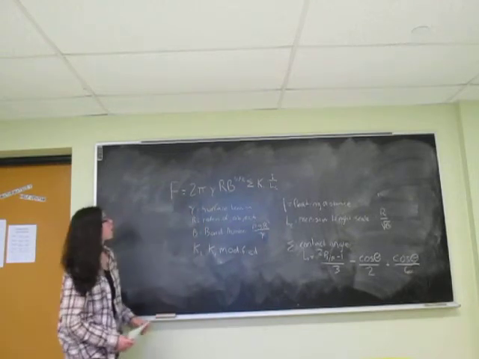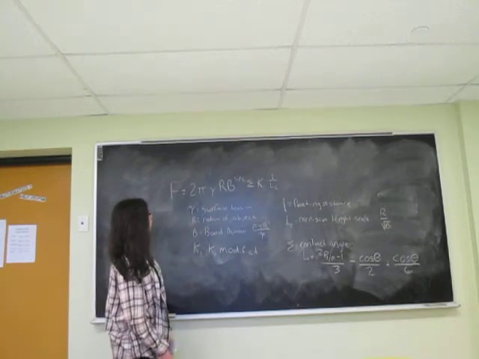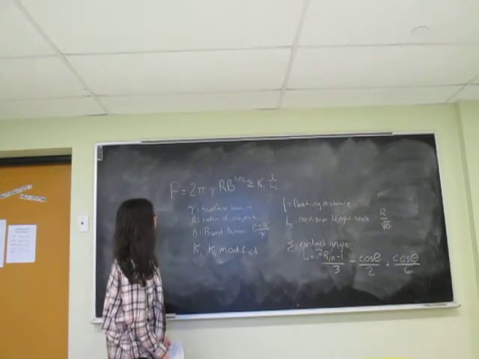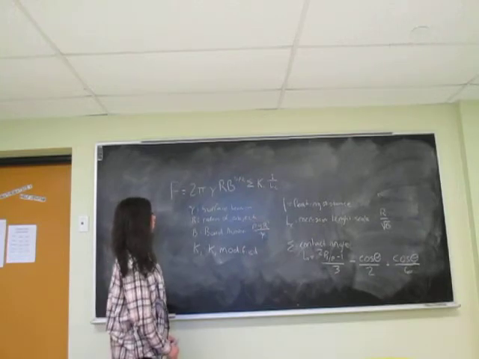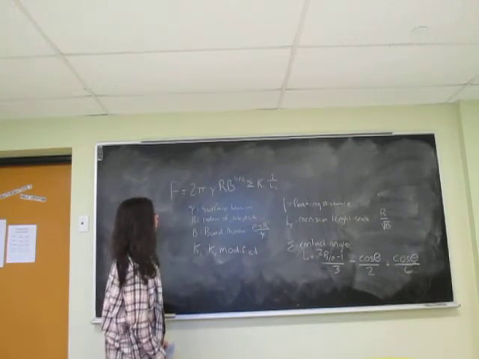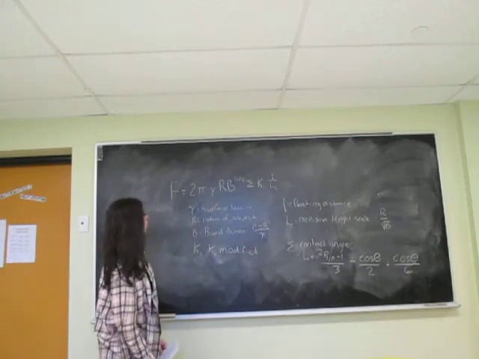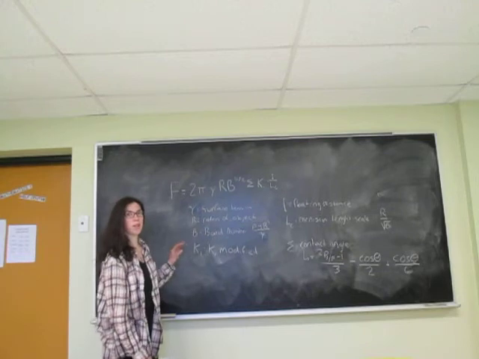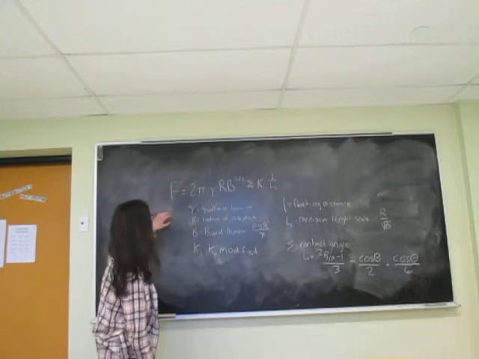This formula is 2 pi gamma r b to the 5th over 2 power times the contact angle, K1, and times l over Lc. Let me define those variables for you.